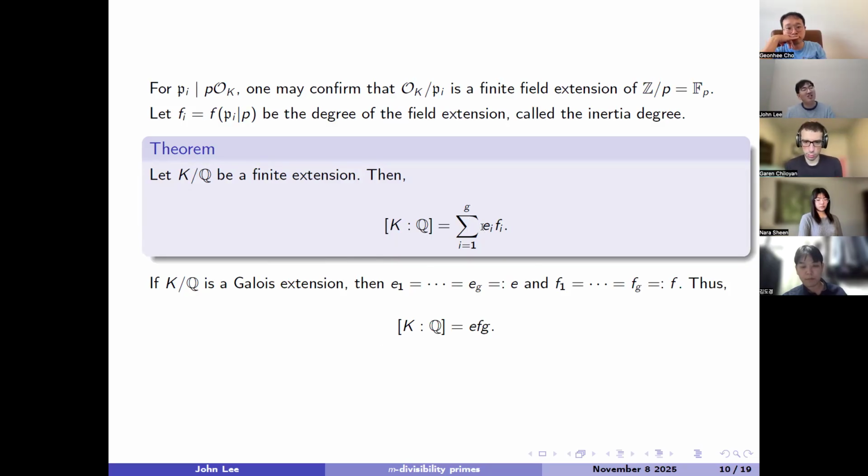I actually like how they chose e, f, and g for this quantity, so that it now becomes like some alphabetical order of some random alphabet. But yes, it turns out to be efg. And we're going to see some easy examples to see what happens if K is a quadratic extension.